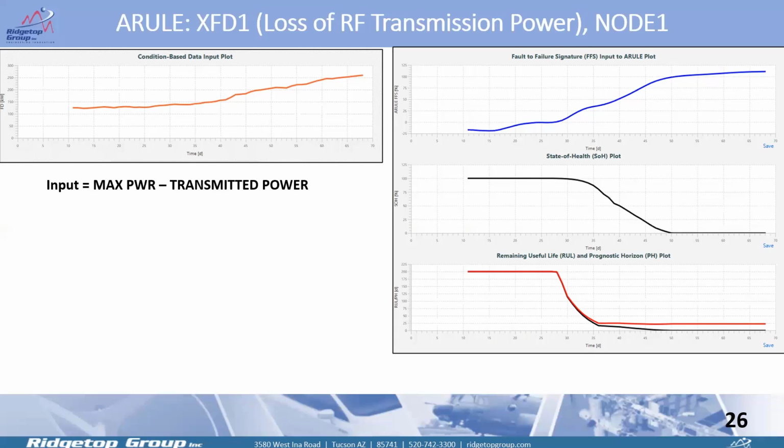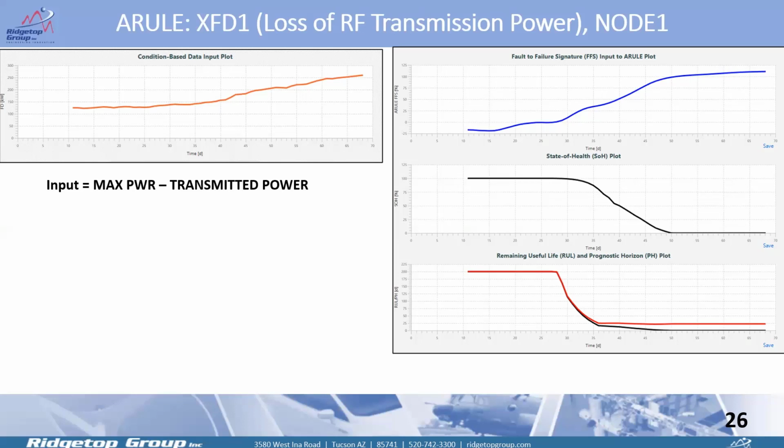State of health, that's the fault-to-failure descriptor. That's the intermediate result of processing the input data on the top left-hand side. You can see that we have sort of gotten rid of the noise. And that's the input to the second stage. It produced the state of health information seen in the middle plot, and the RUL and the prognostic horizon on the bottom plot.